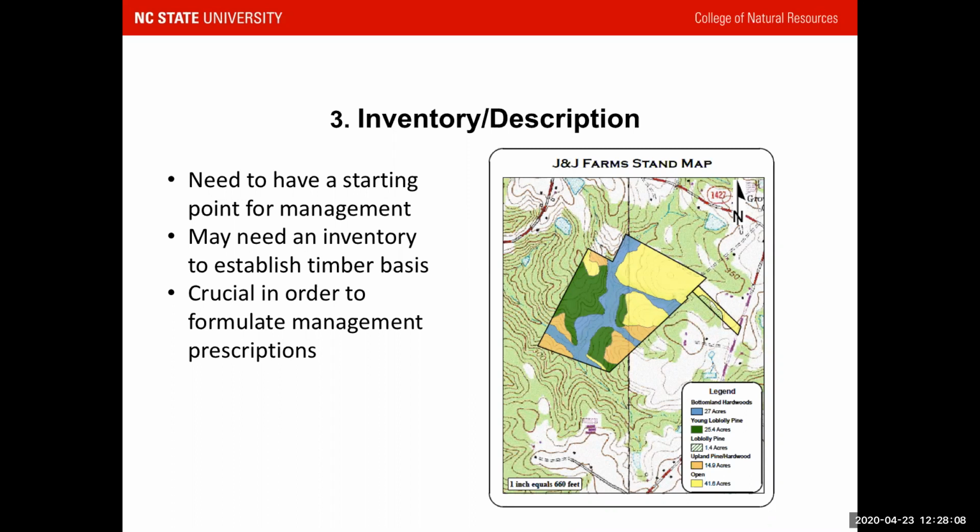In order to figure out what you want from your property and where you want to go with it, you need to know what you have to begin with. And that's where this inventory and description comes in. So you need to have a good starting point in order to carry out the management plan.